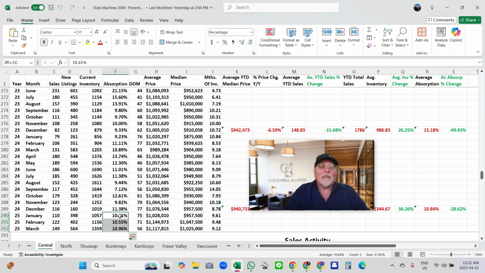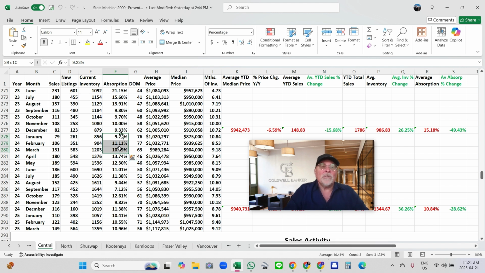What that means is the average of those three figures is 10.64%. If you compare to January of 2024 to March, it's 10.41%. Very, very similar figure. So what that tells me is the market's relatively flat. And those are called running averages.